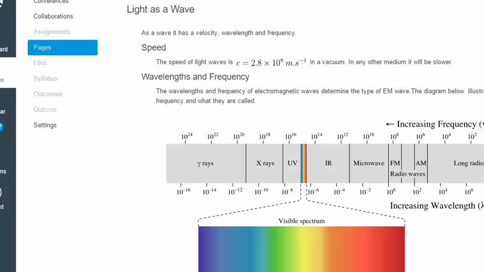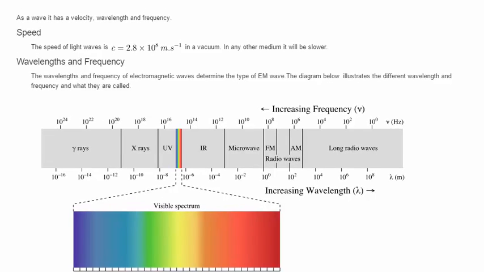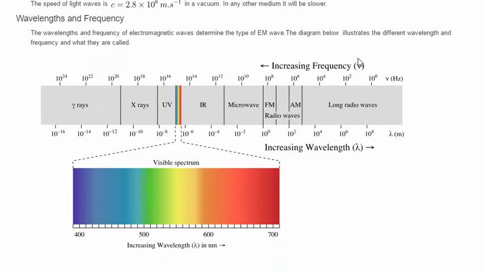So here you can see just a depiction of light frequency. Now here is the rainbow. That's the colors that we can see with our eyes. The colors that we can see with our eyes have a wavelength in nanometers, that means 10 to the power of 9, of between a little bit less than 400 and a little bit more than 700 nanometers.